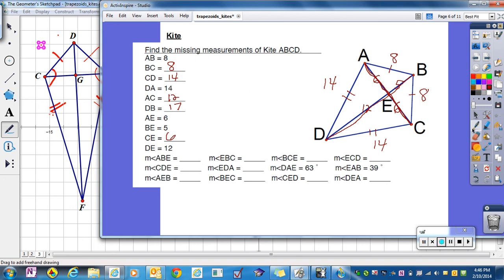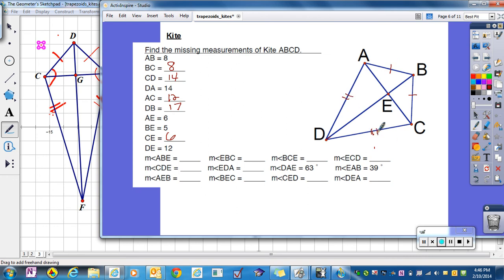Alright, now let's get rid of all of this mess so that we can start looking at the angles. One thing about the angles is that we had two angles that were going to be congruent to each other. The way we found the angles that were congruent to each other is we first had to know the sides that were congruent. So we know that AB and BC are congruent. We know that AD and CD are congruent.